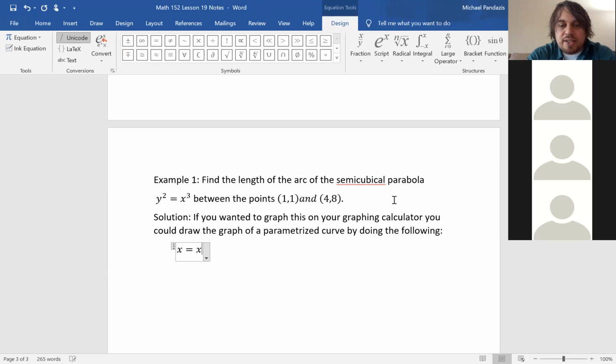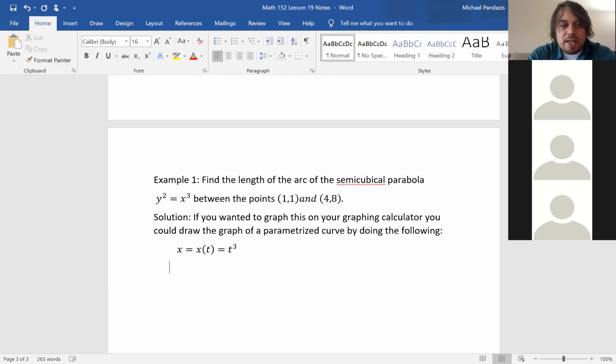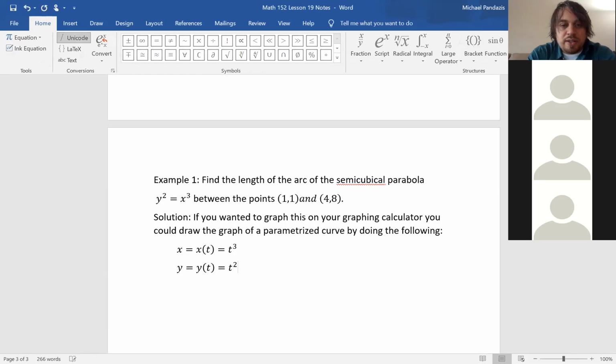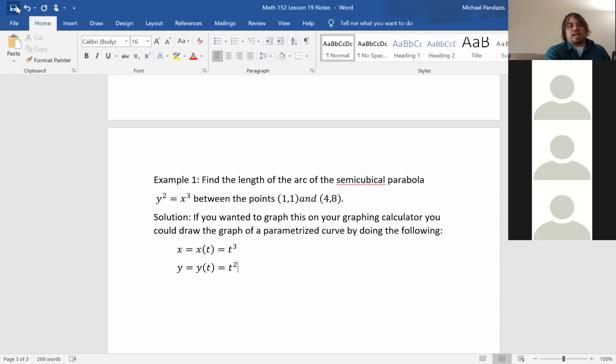You can write x as a function of t. And x could be t cubed, and then y could be a function of t also, and y of t could be t squared. So if you wanted to graph y squared equals x cubed, x of t could be t cubed, and y of t is t squared. Oh, no, wait, my bad. Sorry, let me fix that. x of t is just t.